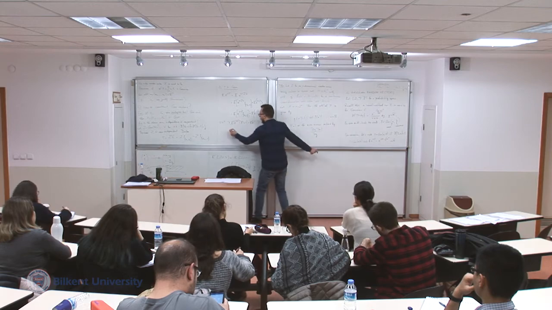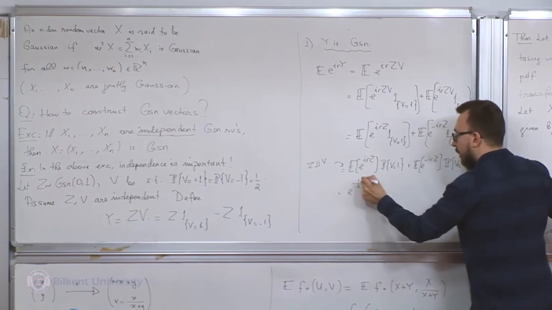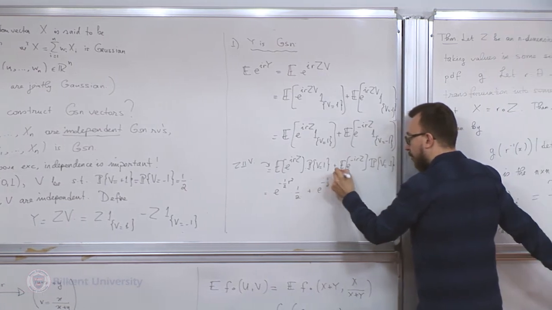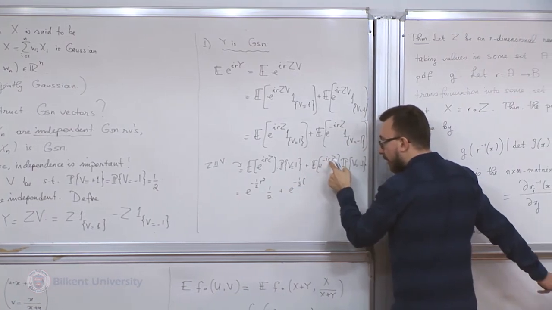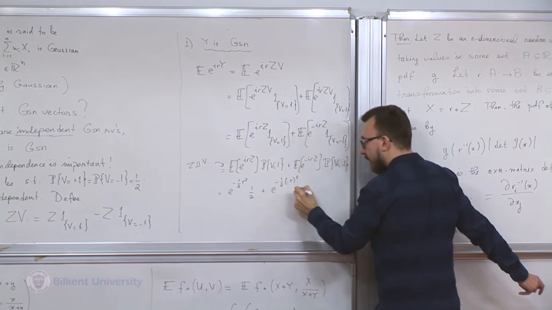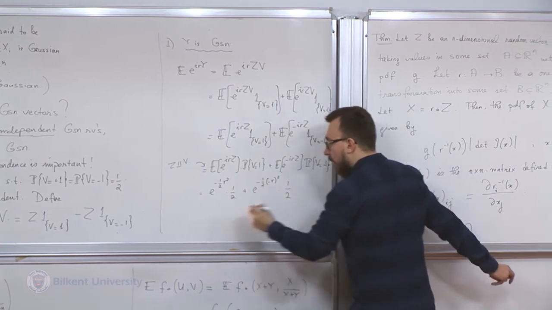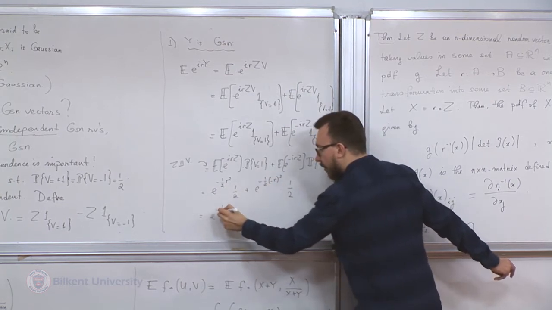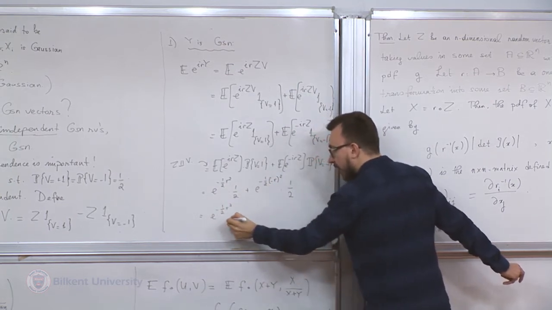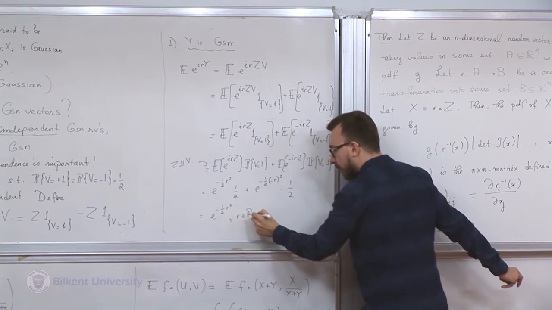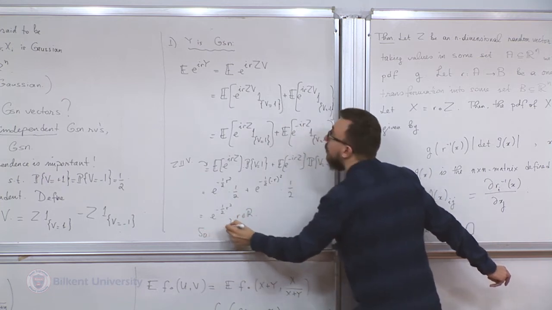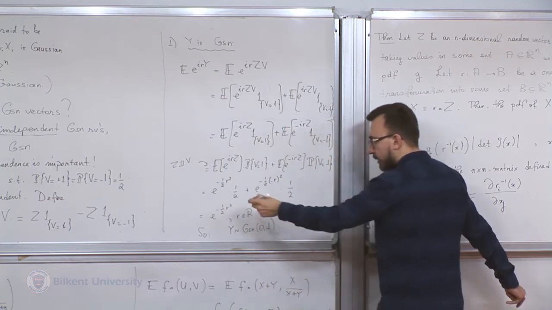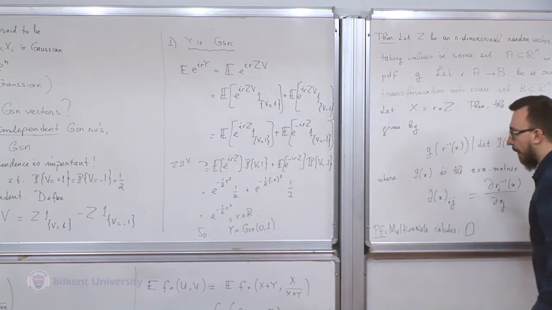What is my r here? It is minus r, right? Minus r squared. So this is the same thing, just e to negative 1/2 r squared. And this is for all r. So we conclude Y is Gaussian 0, 1, because this is the characteristic function of it.